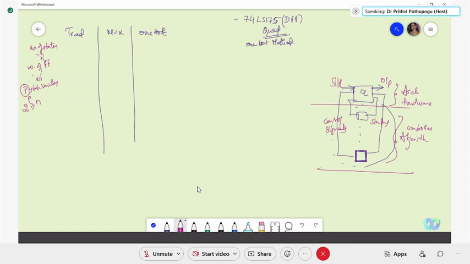Now this p can be related to the number of flip-flops. P and m can be related. They are equal, yes or no? Yes, ma'am, m will be equal to p. That means the number of flip-flops needed will be equal to the number of state variables you have. That is in the traditional method. And what was the advantage of this method?